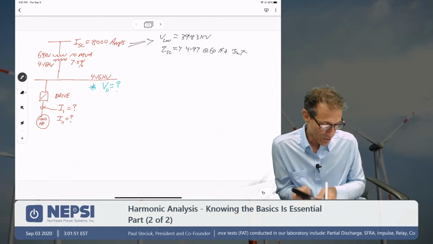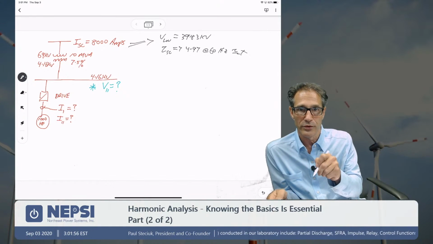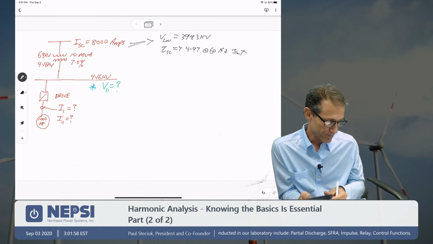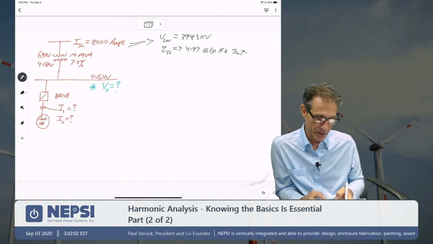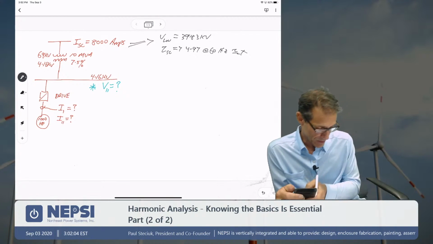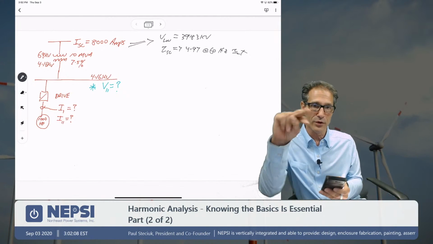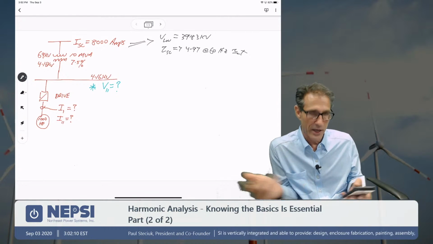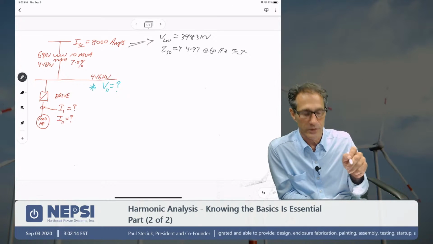The 10 MVA transformer, in this case, I'm going to reflect it to the 4.16 kV bus. So I'm going to take the 4.16 kV, square it, and divide by 10 MVA. So kV squared on top, MVA on the bottom, the units cancel out, and I end up with a base impedance of 1.73 ohms.